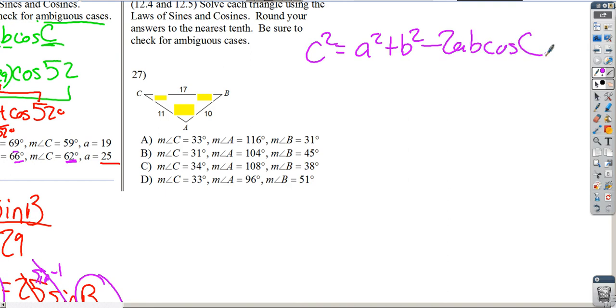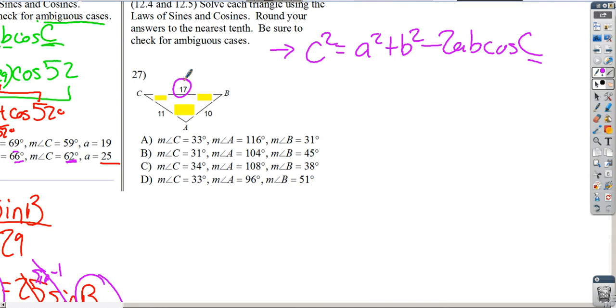It doesn't matter what angle we find, but because this version of the formula has C in it, let's just start by finding angle C right there. So all we need to do is match up. So C corresponds with the 10 side. So I'm going to do 10 squared is equal to, actually, sorry, let me correct something for a sec. When you're doing the law of cosines, in order to avoid mistakes, it's better to use the biggest side as your C. I think we explained this in the other video.